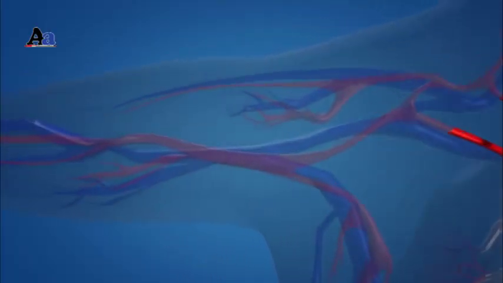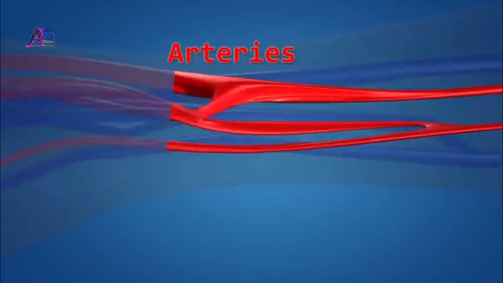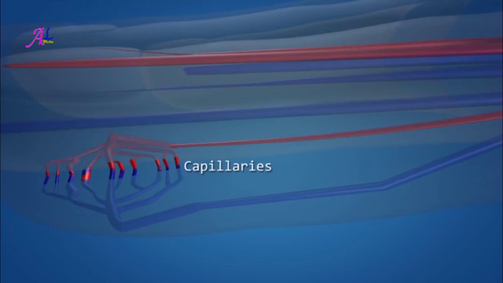What happens when blood comes from the heart? It is taken by a very big artery called the aorta. The aorta branches into arterioles. These arterioles branch again into the blood capillaries. The blood capillaries then pour blood into the tissues where it goes into different body cells.